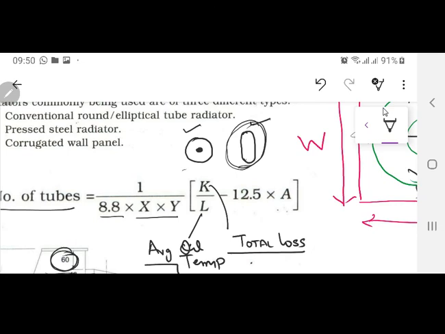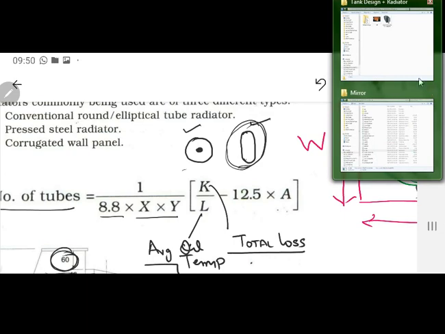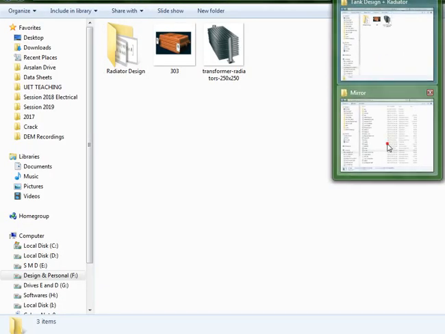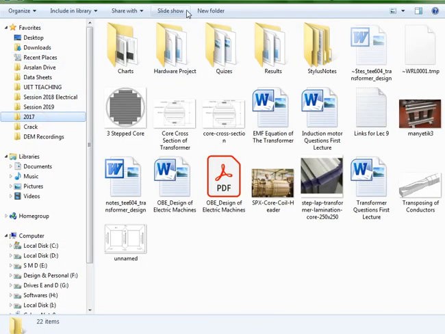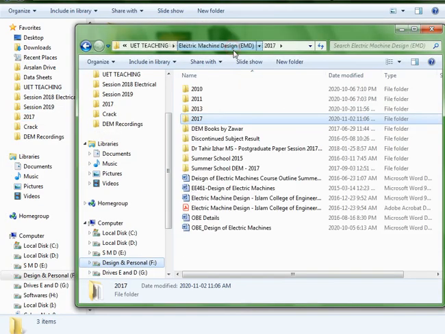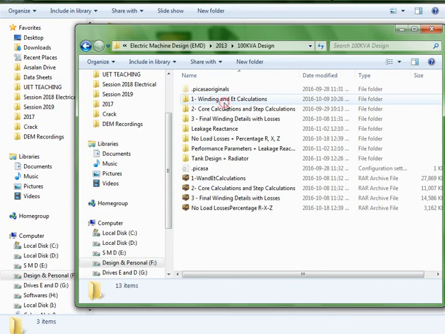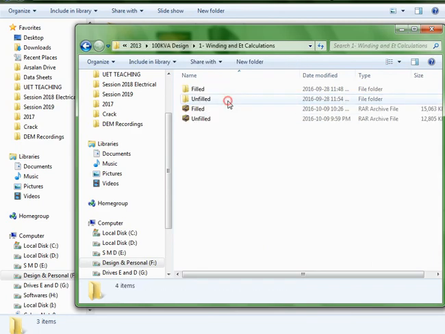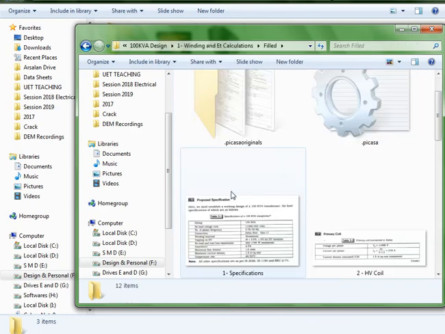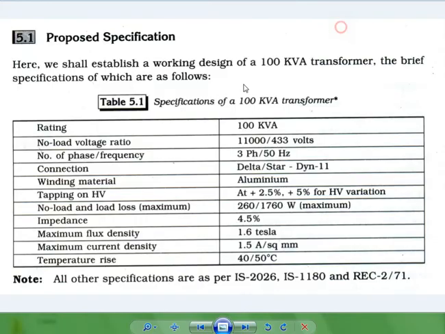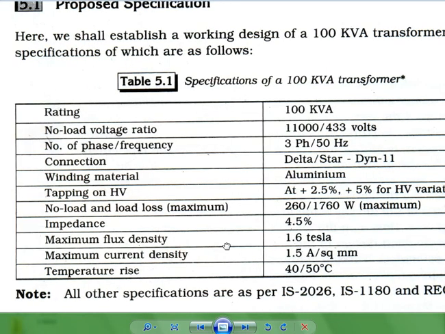So agar aapko yaad ho, if you remember, if I go back a little over here on the tank design, we had this 100 kVA design and the temperature rise 40/50 degrees centigrade.